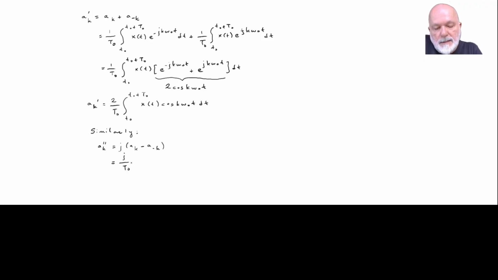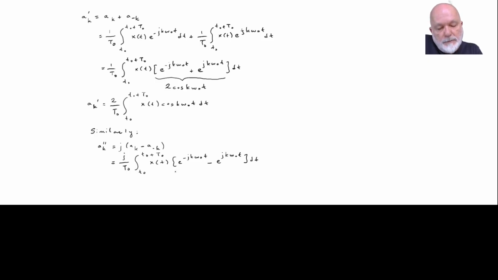j is the multiplier, j over t0 from t0 to t0 plus capital T0. Okay, we have x of t, then similarly we have e to minus jk omega 0 t minus e to jk omega 0 t integrated with respect to t.